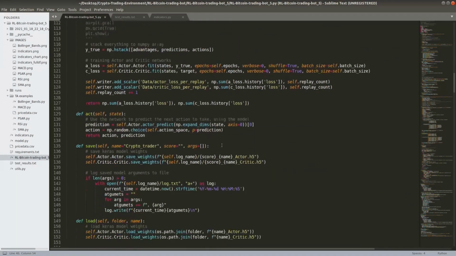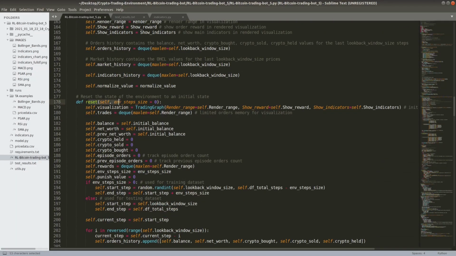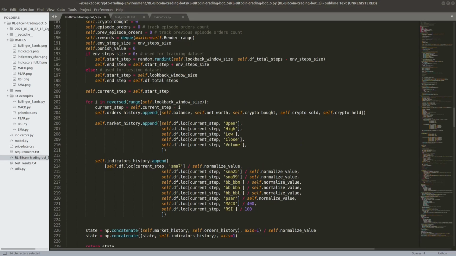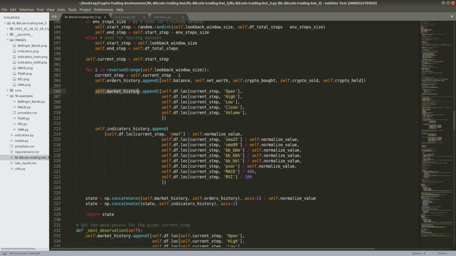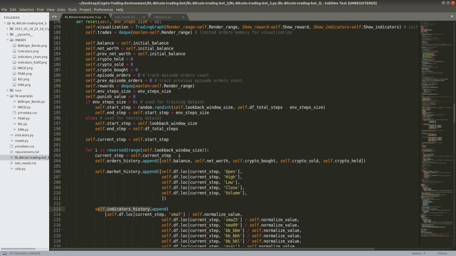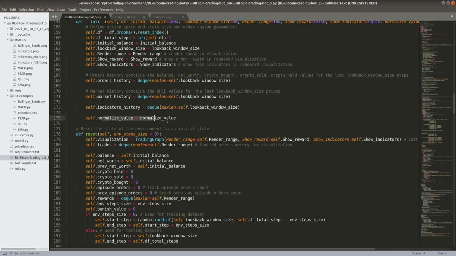So if I go to my custom environment, there is a reset function and there is next observation, and actually what I did, as you can see, before we had only this line where is market history, and I added one more line. So here's indicators, and of course I created a new deque somewhere. Here it is, deque indicators history.